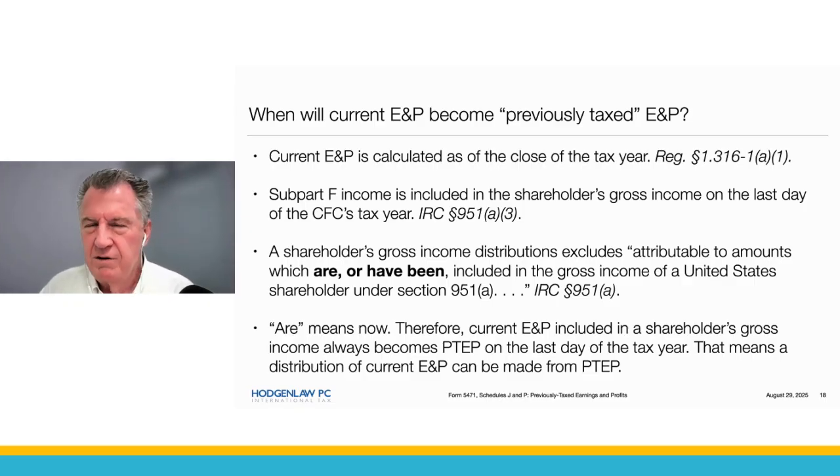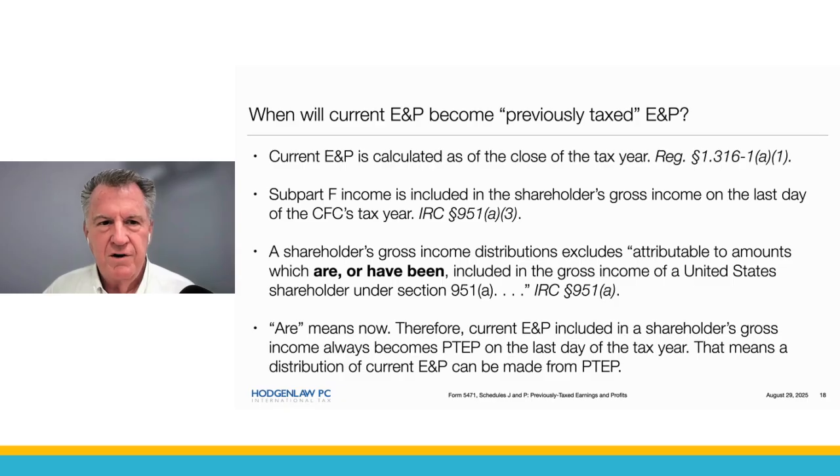And so you calculate E&P at the end of the year and you calculate subpart F income at the end of the year. Well, you can't calculate subpart F income until you've calculated current year E&P because there's an upper limit on the inclusion, which is the maximum amount of inclusion is current year E&P. So that comes second. So this is what's going to happen.